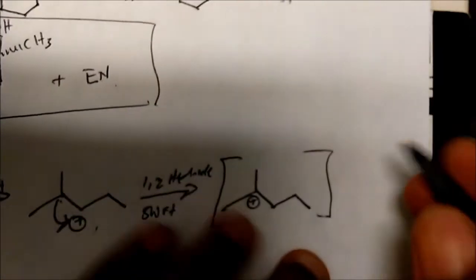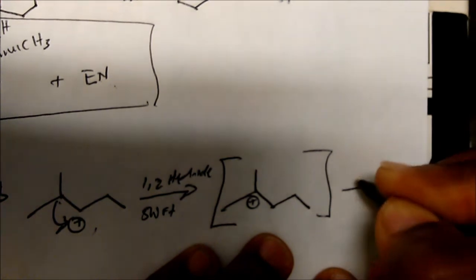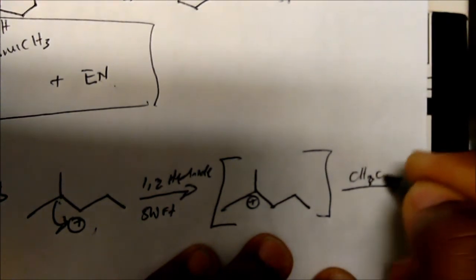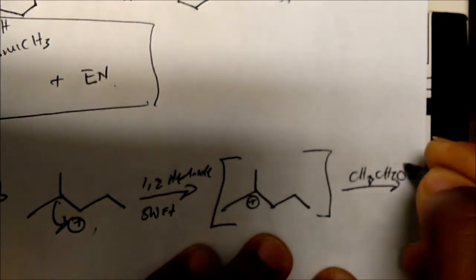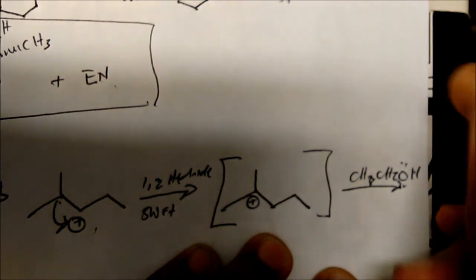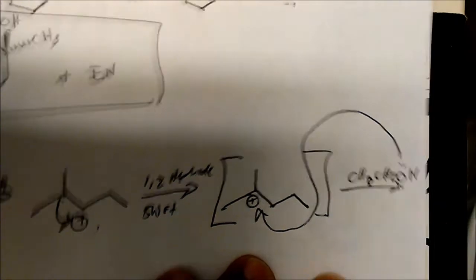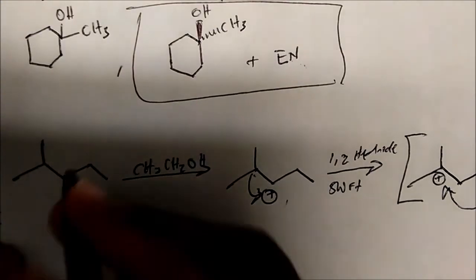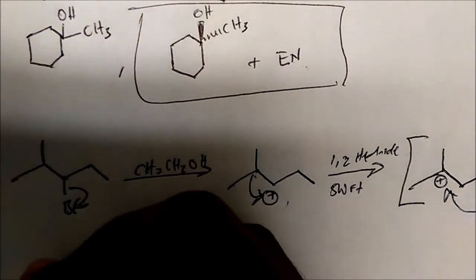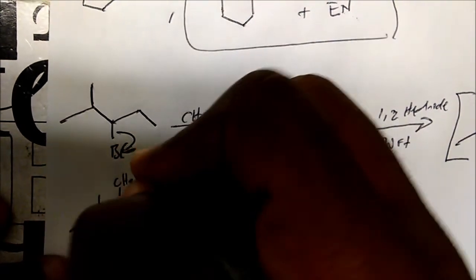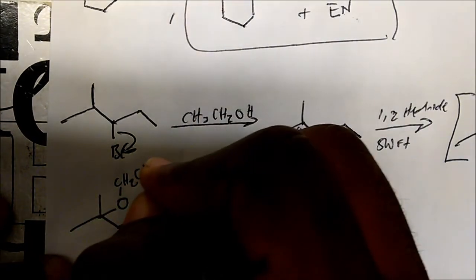Now on the other step of the reaction, another molecule of ethanol, CH3CH2OH, with these 4 lone pairs, comes in, attacks the carbocation, and now we get something that looks like this. We have an O bonded to an H and a CH2CH3 with a plus charge.